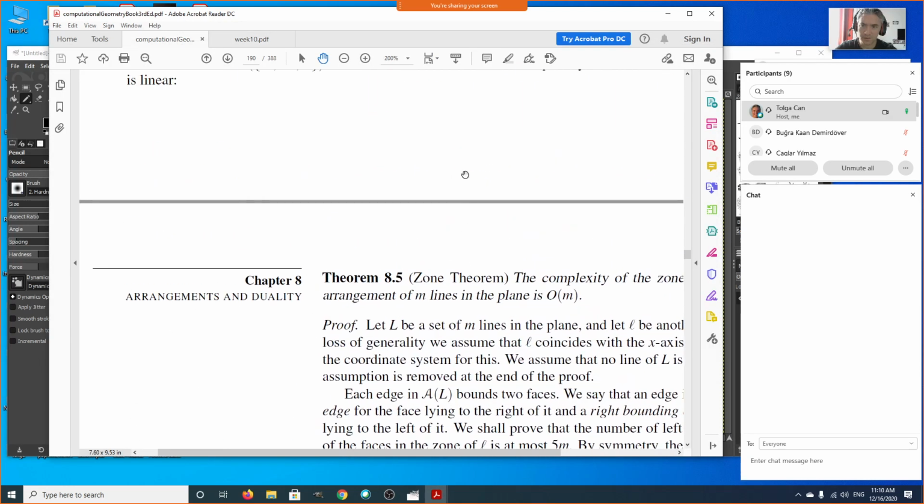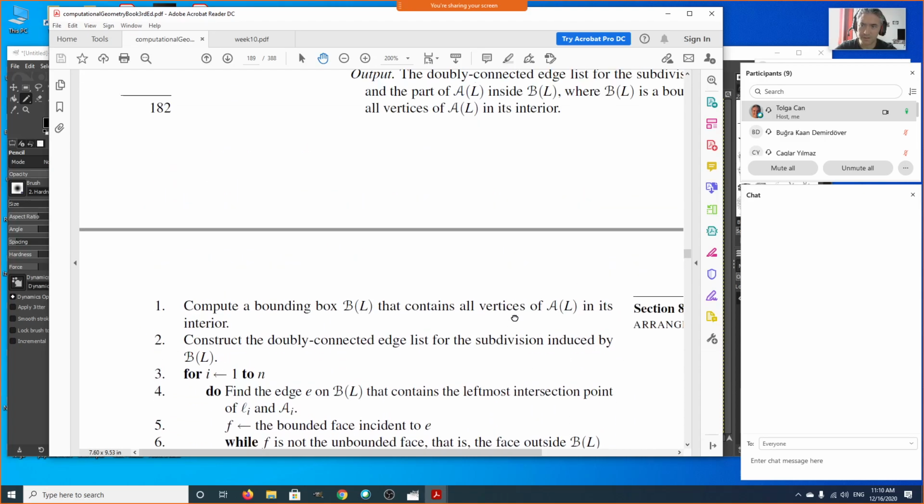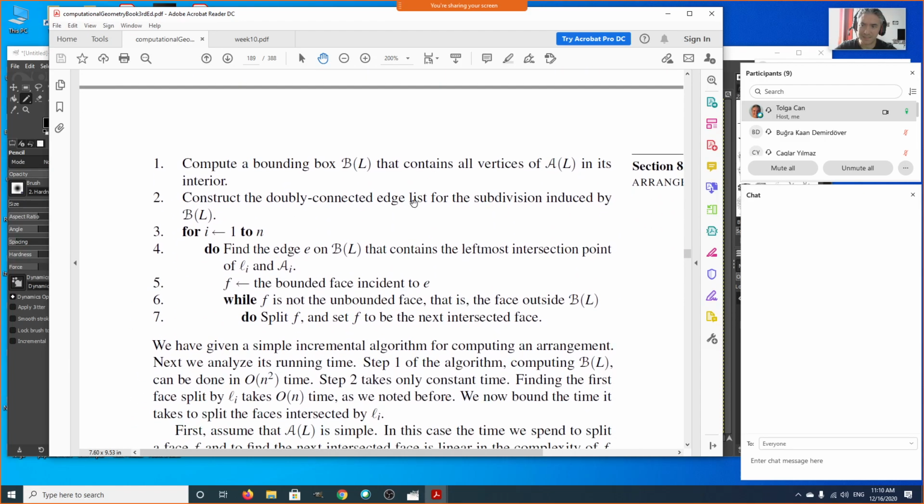And let's also quickly go over this pseudocode. What it basically tells is that the first step is computing the bounding box by considering all of the vertices. So the first step takes O(n²) time. The second step is O(1) time.